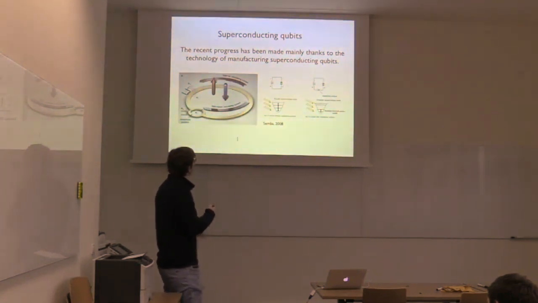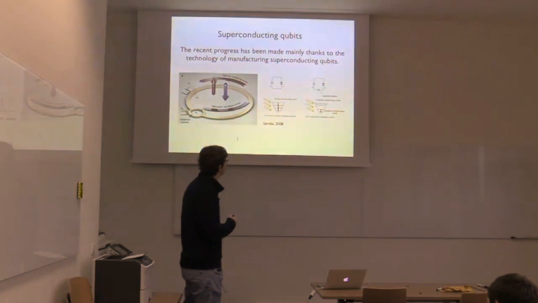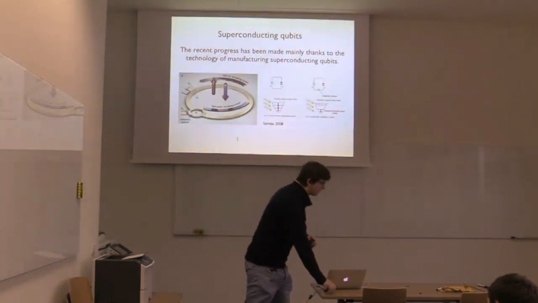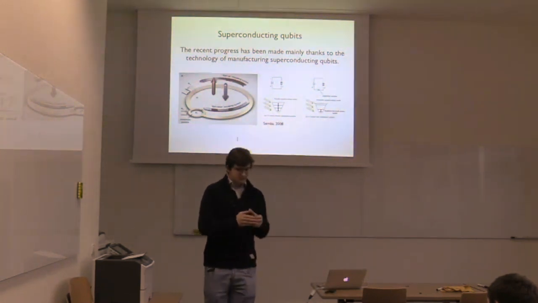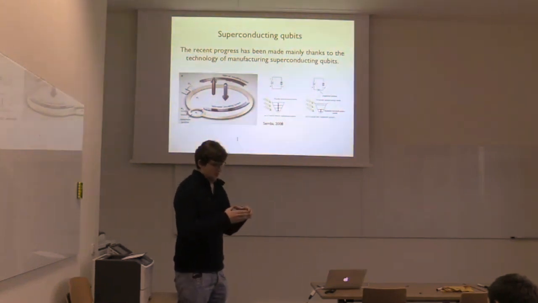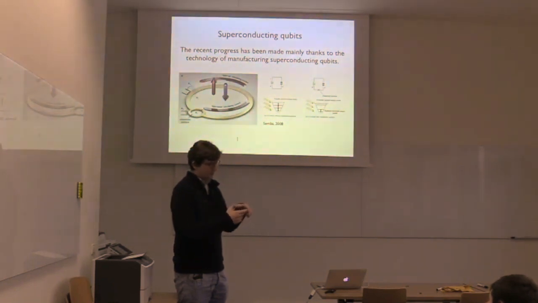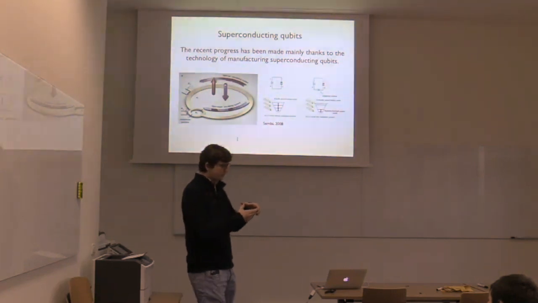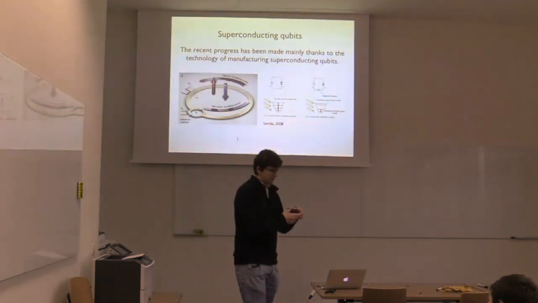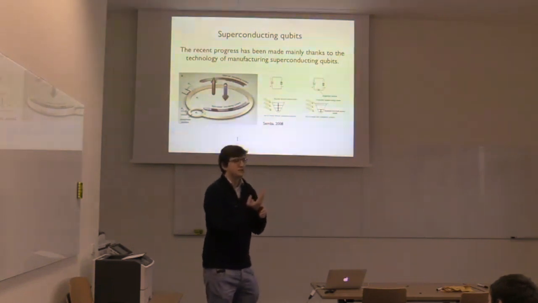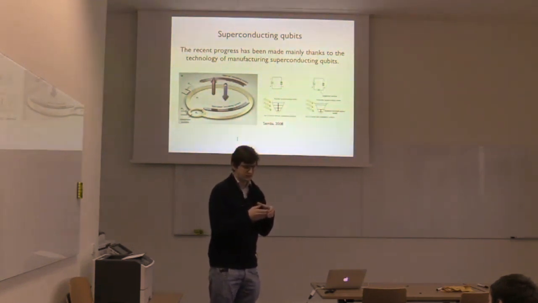And the basic idea of the superconducting circuits is very simple. A very simplified way to explain is that you take a loop, a single coil made of superconductor. And then you know that if you have a superconductor, the magnetic flux across the superconductor is quantized due to the Meissner effect.